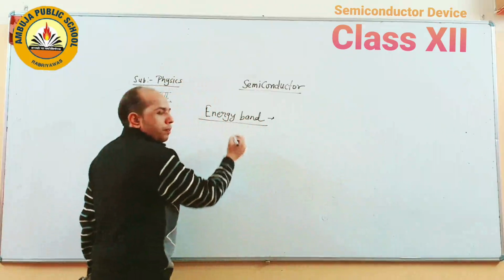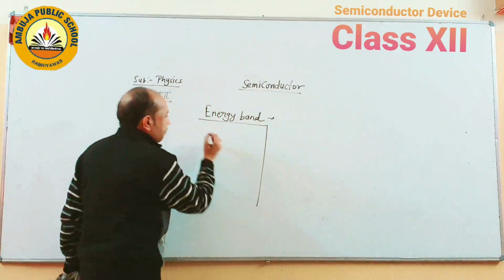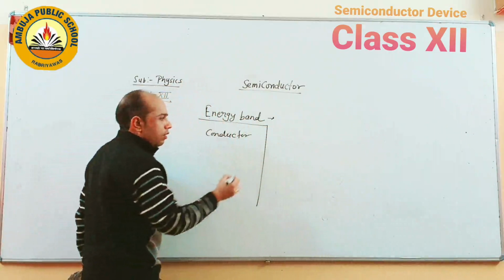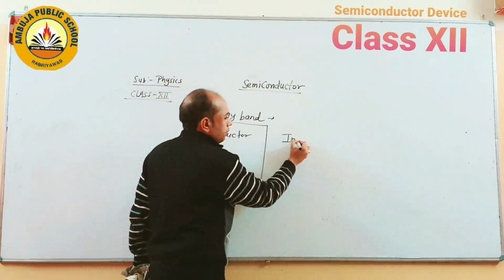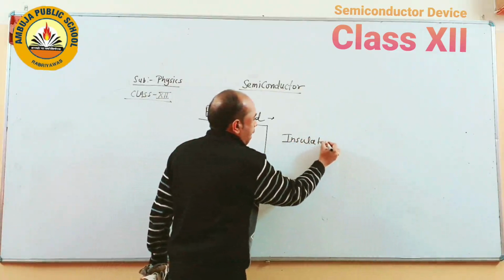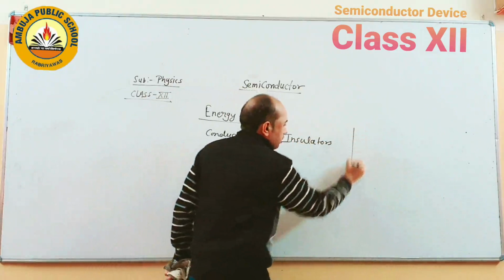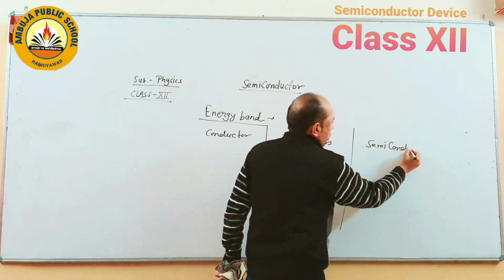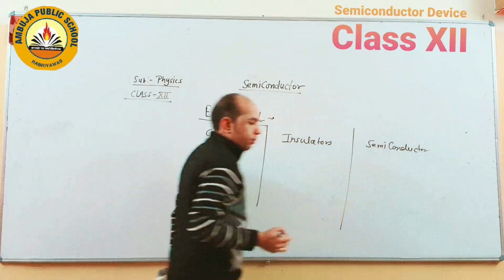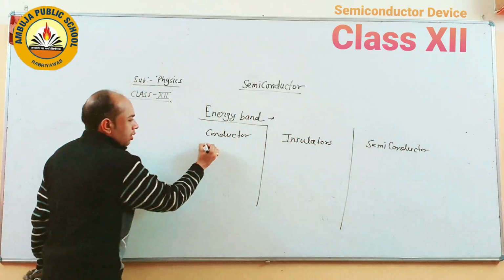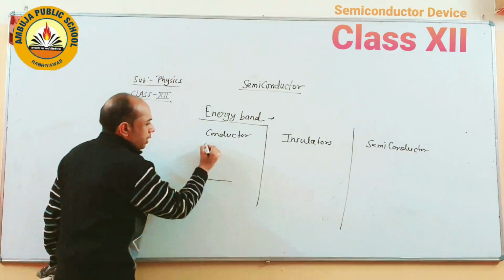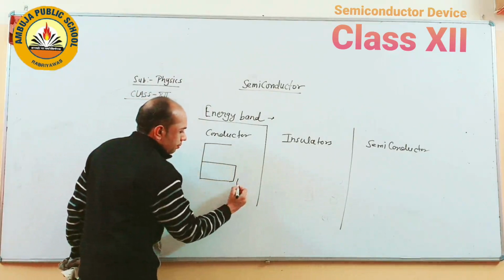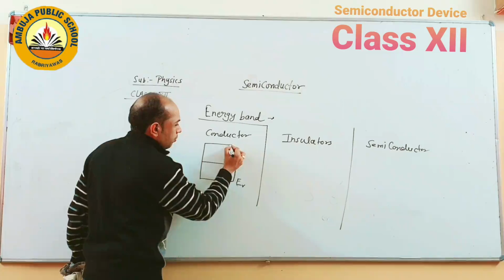So we classify on the basis of energy band gap. First we have to come with conductor, second with insulators, and third with semiconductor. If we talk about the conductor, as we know we have two bands, valence band and conduction band.